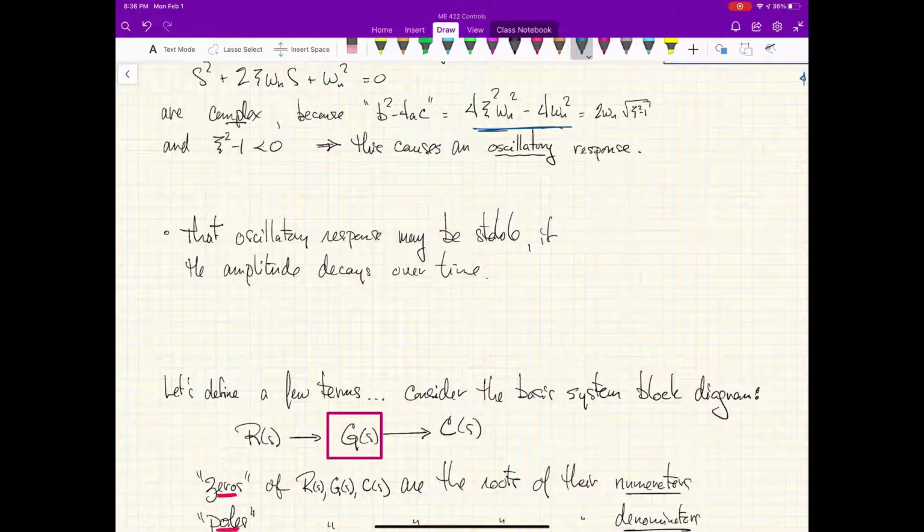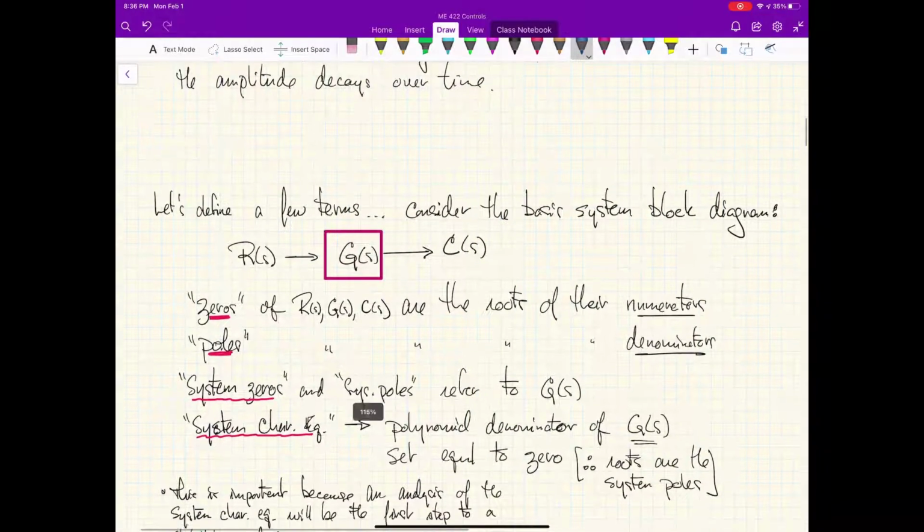Now, that system is going to be stable even if it is oscillatory, meaning if zeta is between 0 and 1, if, as we showed on that little graph above, that oscillatory response decays over time.